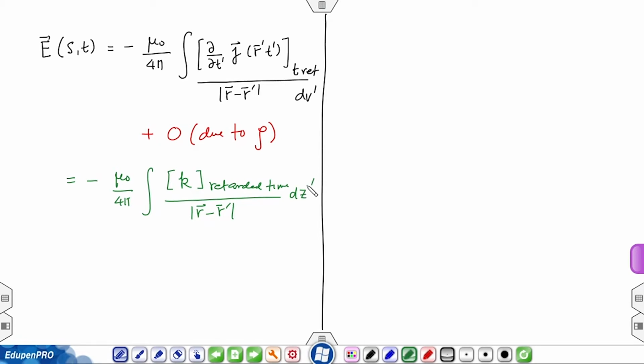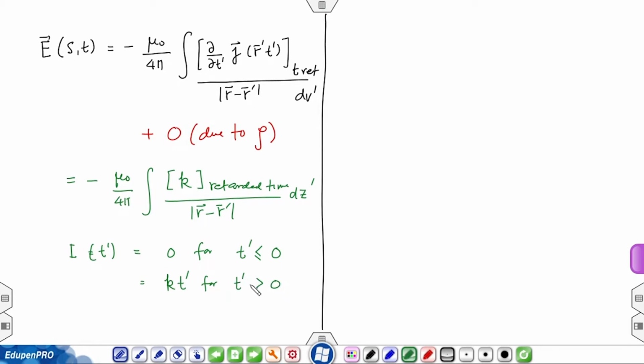That is my answer. What does this k retarded time mean? This means, you see this current I is being calculated at t prime, is going to be equal to 0 for t prime less than or equal to 0 and is going to be equal to kt prime for t prime greater than 0.